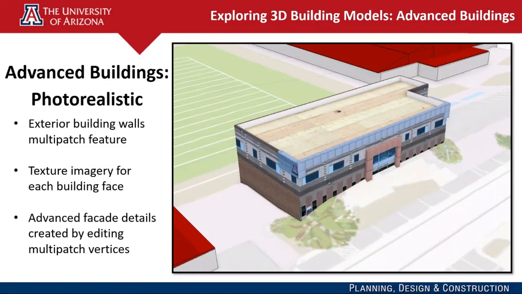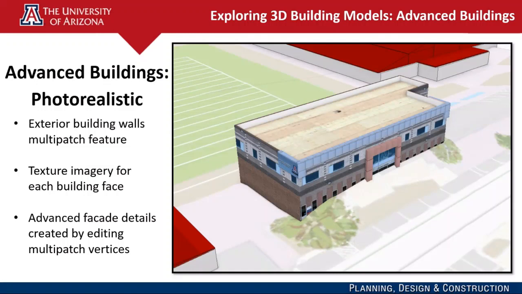There's just a number of things that you can do at this point that you can do with the non-photorealistic buildings, but it really brings you into the experience and helps orient you in a way that you can't do without these textures. So this has a similar structure to the intermediate buildings, but it also has an exterior feature class that you can edit as a multi-patch feature and create things on the facades and the structure of the building that exist at a smaller scale even than the floor level.